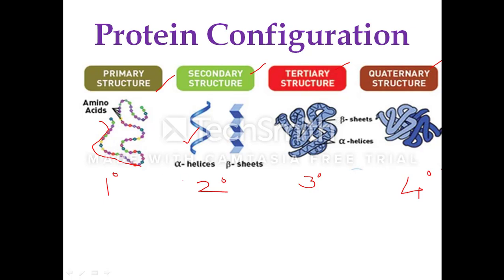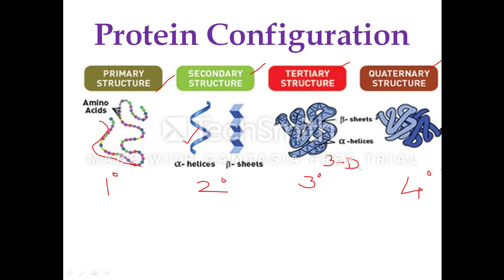So the primary structure folds upon itself to form the helical structure, that is called the secondary structure. This in turn may fold in a certain specific pattern to produce a twisted 3-dimensional structure. Upon further folding, that is called tertiary structure.